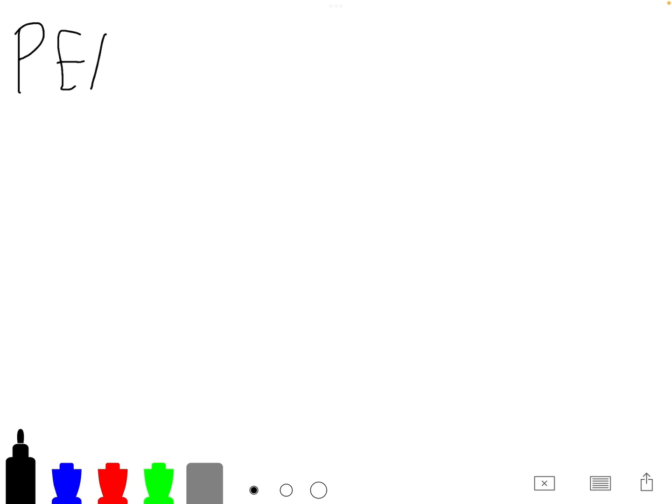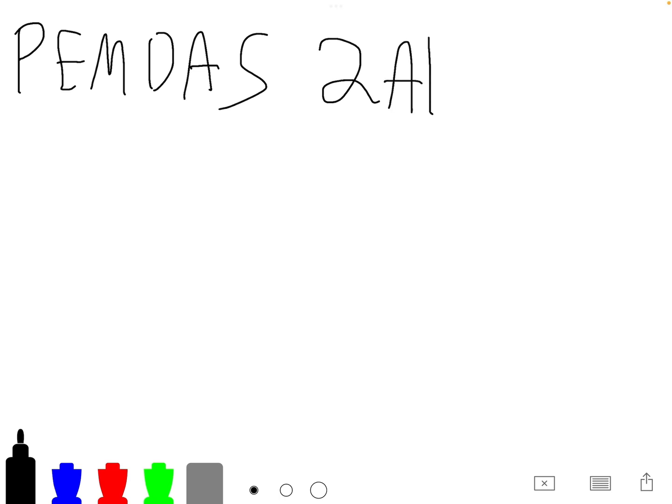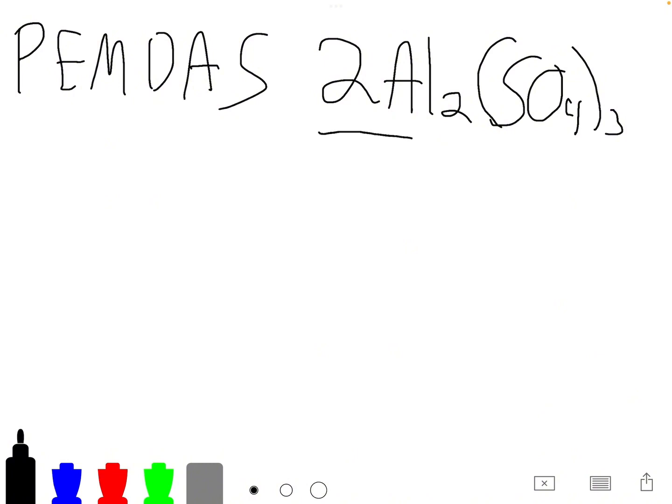So here's our order of operations that we'll use, and I'm going to go ahead and write our problem here. So it's coefficient 2, Al, subscript 2, sulfur, oxygen, subscript 4, parentheses, subscript 3. So that is your problem, and we're trying to find how many total atoms there are.